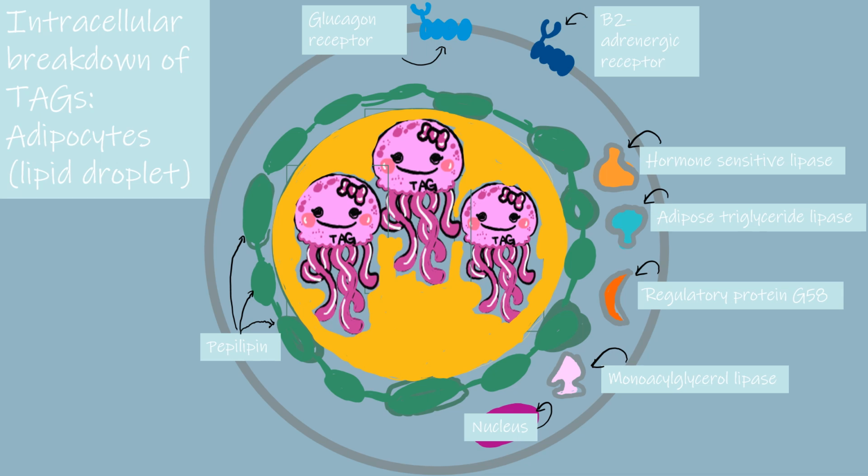And then we have a B2 adrenergic receptor. That was a mouthful, but basically it's what's occurring in the lipid droplet. So essentially we're still keeping up with just chylomicrons from the previous slides.